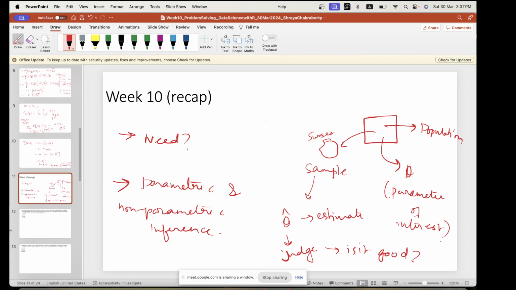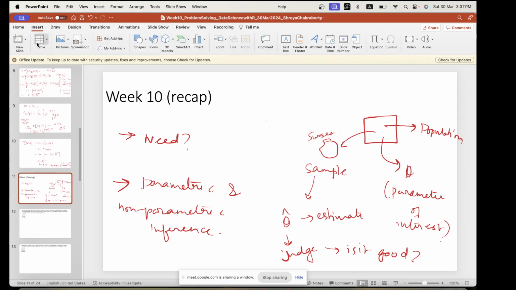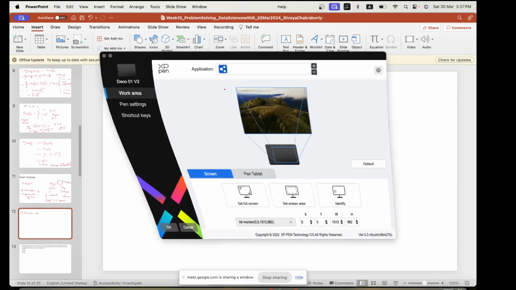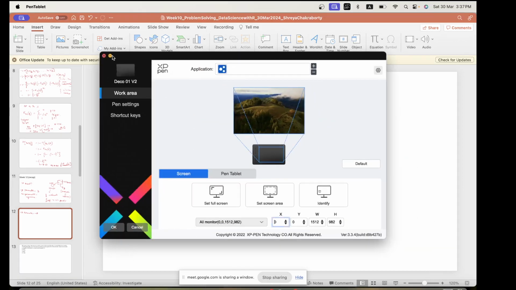And then we learnt about estimators. Specifically, we learnt about point estimators.